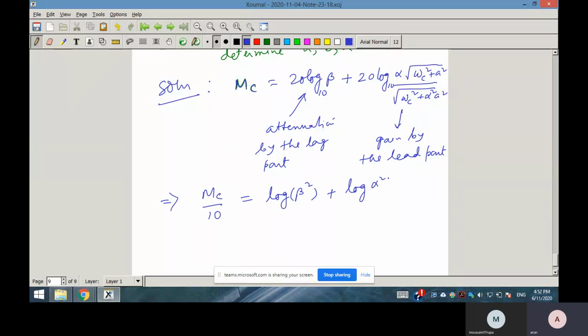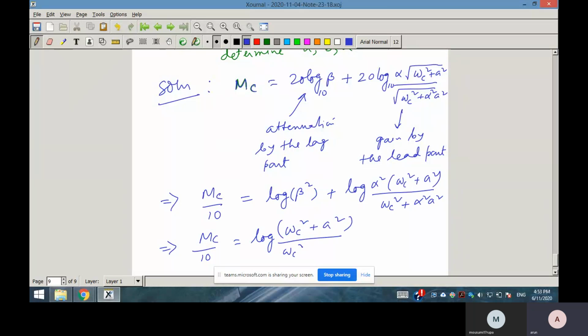So it will be alpha square into omega c square plus a square divided by omega c square plus alpha square a square. So this will imply Mc by 10 equal to log of alpha square beta square, and alpha square beta square is ultimately 1. So this will be omega c square plus a square divided by omega c square plus alpha square a square.